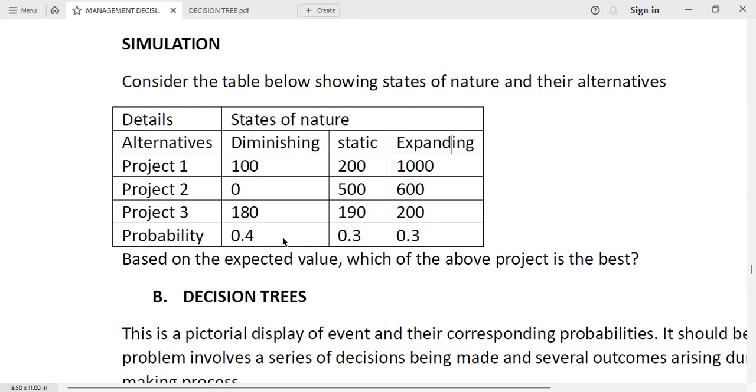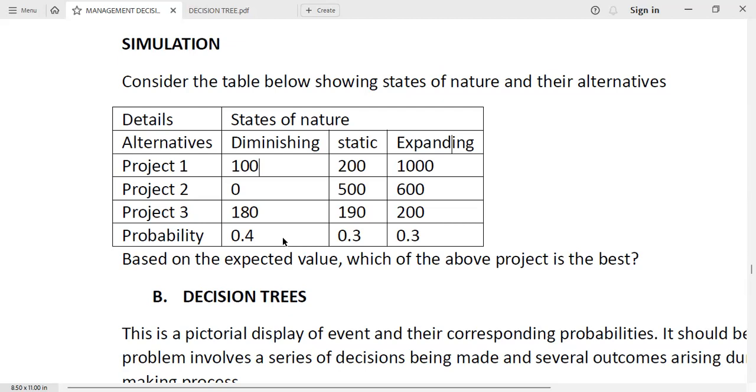They are saying that based on the expected value, which of the above projects is the best. In other words, we want to see which of these is going to be the best alternative that we should undertake. The alternatives we have are project 1, project 2, and project 3. With these alternatives, those are the things that the decision maker is going to do.